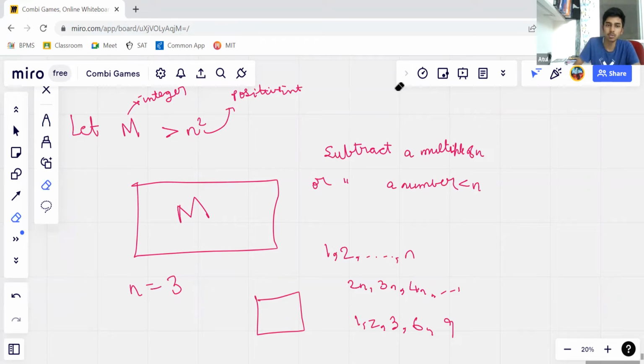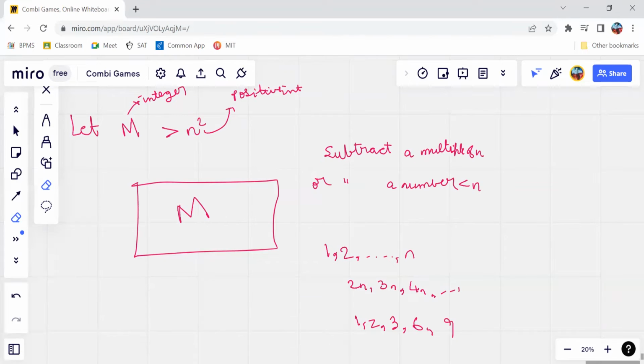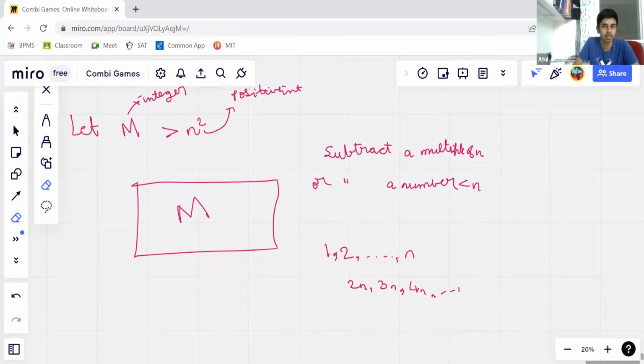And then player 2 just subtracts 2 and makes it 0, and player 2 wins. Does everyone understand how the game works? We can't go negative, right? You can't go negative. Wait, can't you subtract 1? You can, sure. Also, now prove the winning strategy: prove that the first player wins.